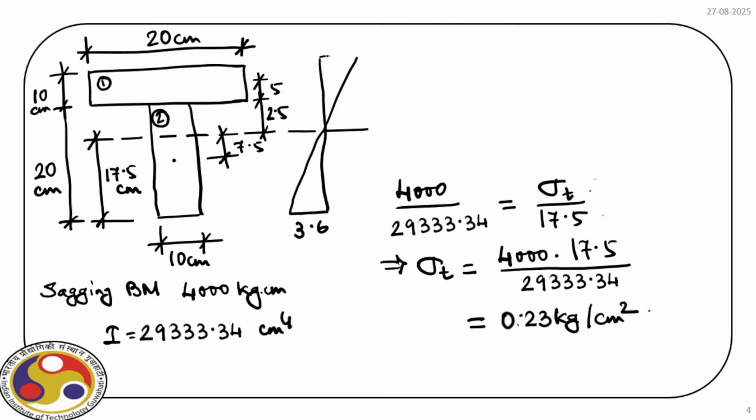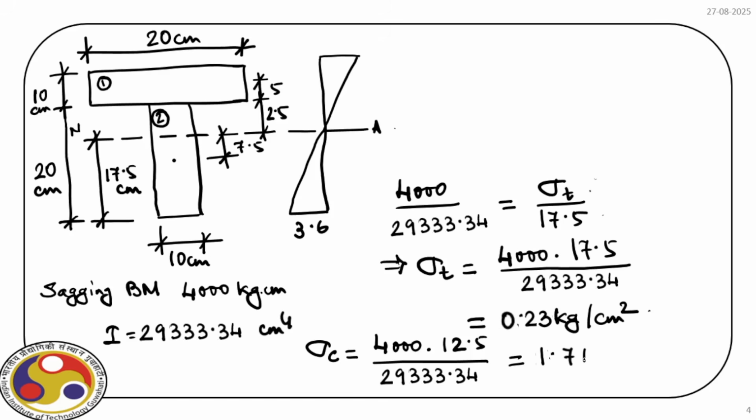and then the linear variation will give us sigma c at the top. So for sigma c, again we have 4000 times the distance of the extreme fiber from the neutral axis, and that is 12.5 divided by I, and this is kg per centimeter square.